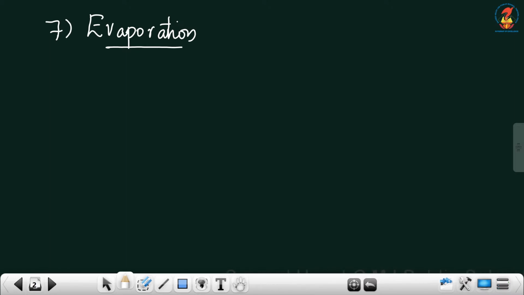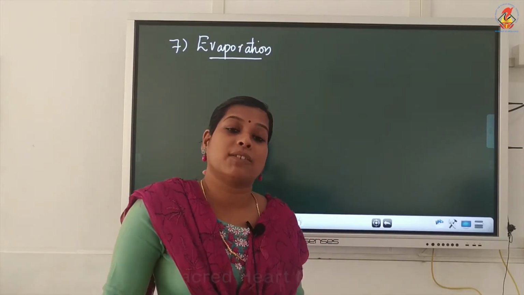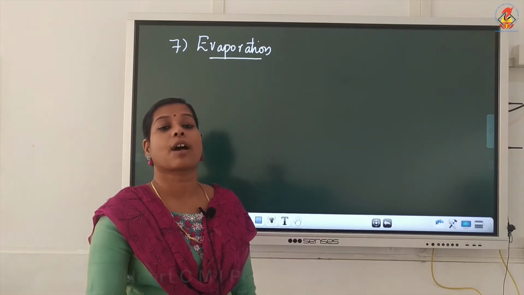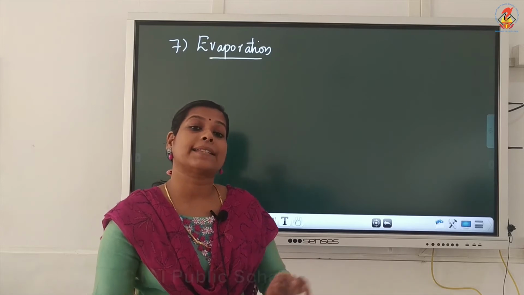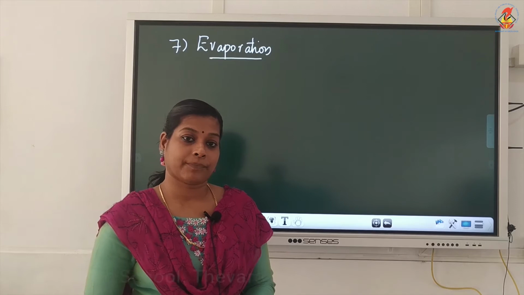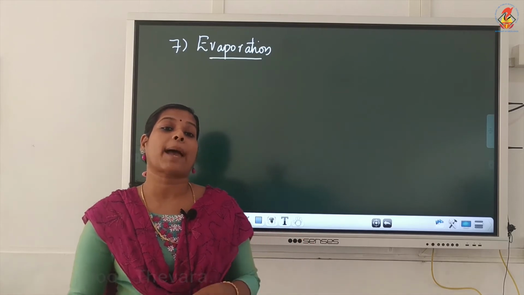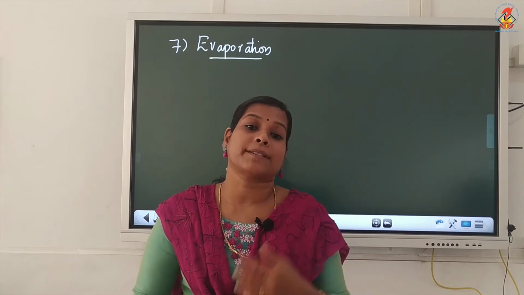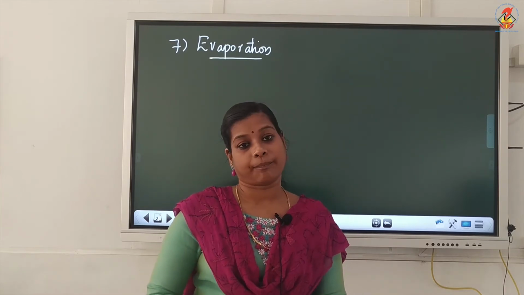During evaporation, we take the mixture to be separated as a solution. Just now we have taken that salt water, a salt solution, and we are heating it. By heating, what will happen? Water will go into vapors by absorbing heat energy.